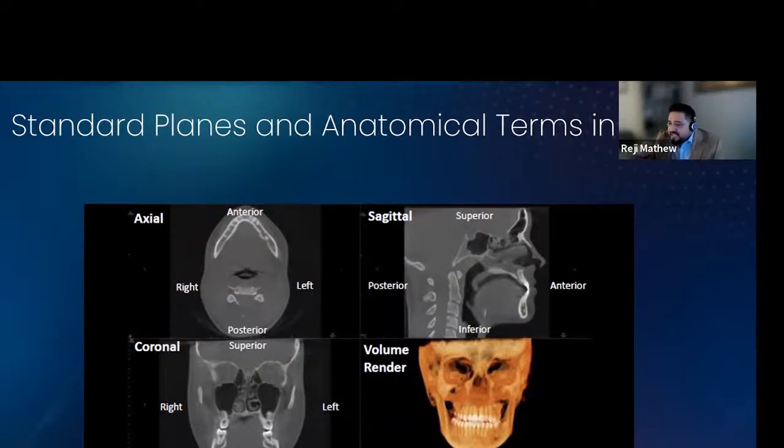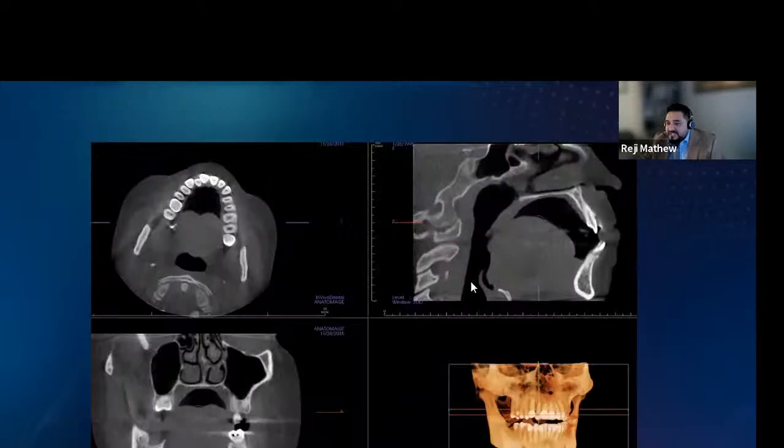Each and every slice you can take out, and the software allows you to create the thickness of that slice. So if you want 1.5 millimeter thickness, you could cut those slices as 1.5 millimeter. If you want 2 millimeters thickness, you could cut that into two millimeter slices.